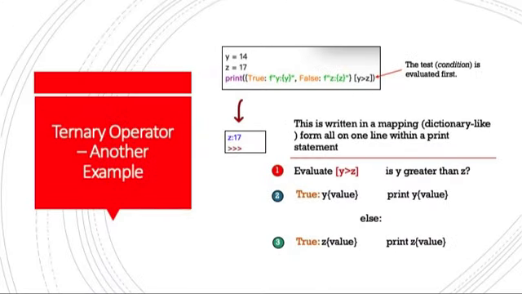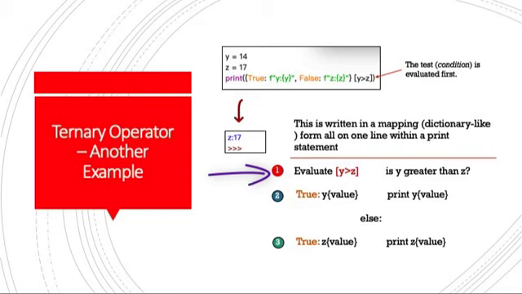Here's another ternary operator example written in a slightly different form. We have y equals 14 and z equals 17, and then we have our ternary operator inside a print statement. So this is written in a mapping dictionary-like form, all on one line within the print statement. What happens here? At the end, y is greater than z is our test condition.